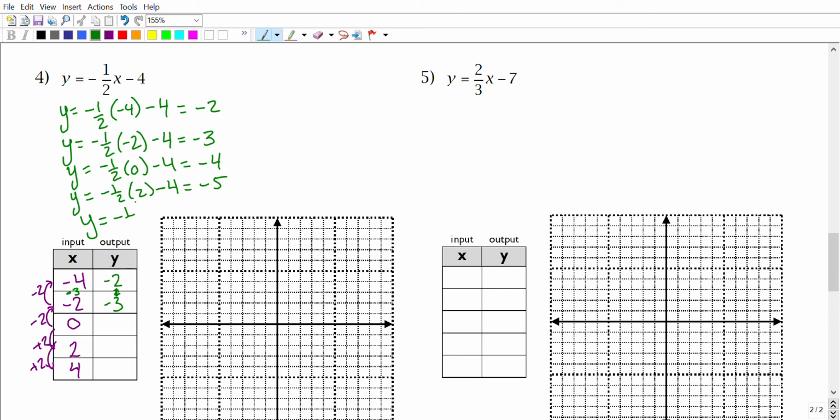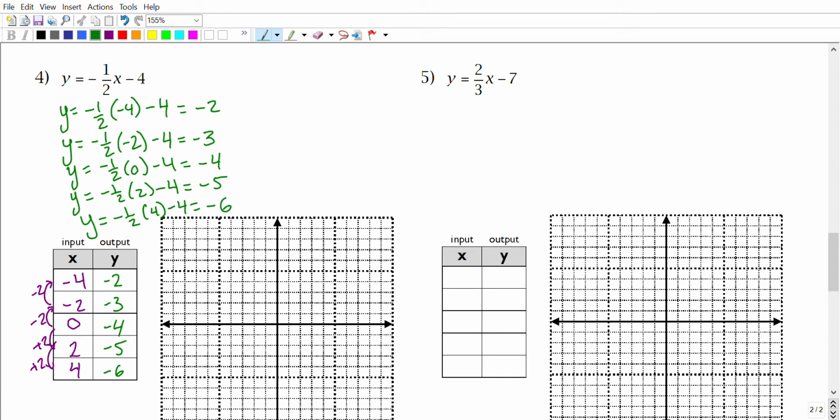And the last one, -1/2 times 4. That's -2 minus 4, which is -6. All right, so let's go ahead and graph our values on the coordinate plane.